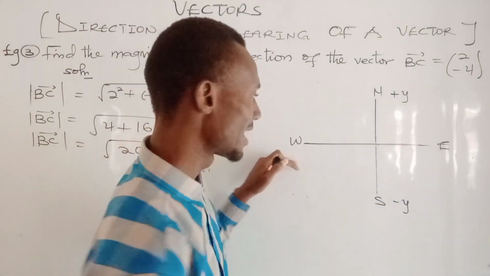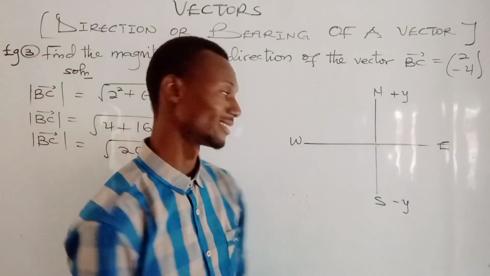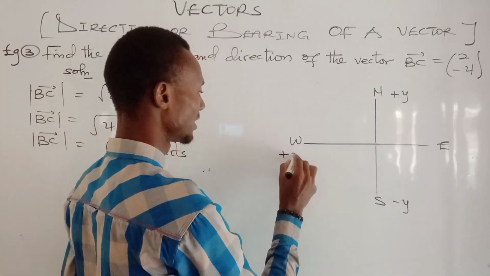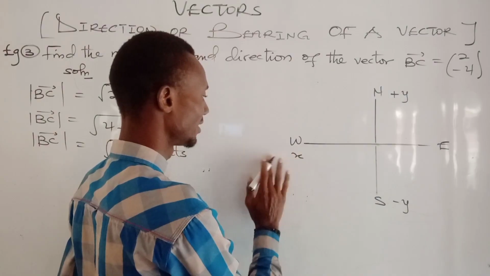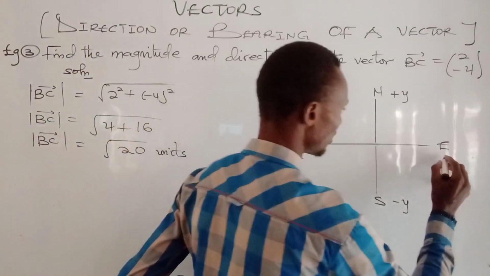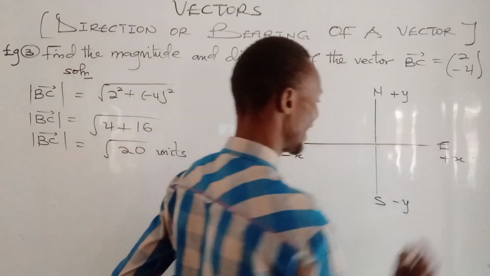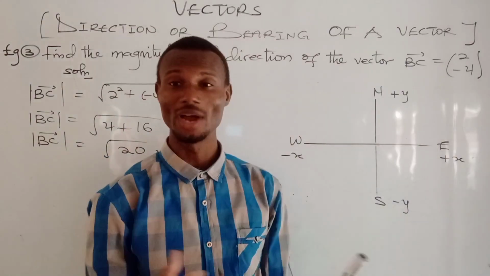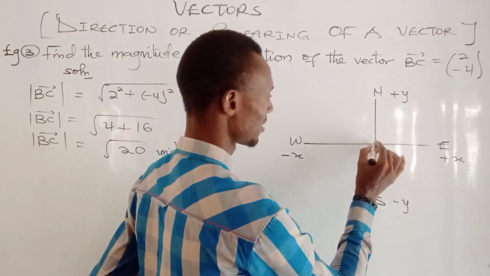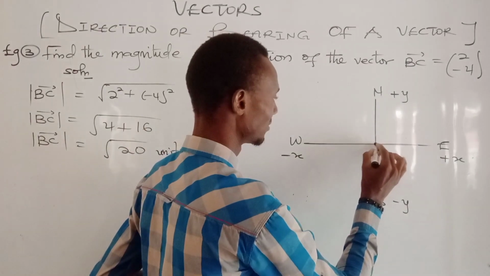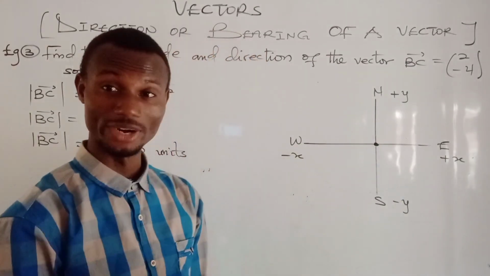Then when I consider the horizontal line as my x-axis, here will be the negative x, and here will be the positive x. Okay, I hope you understand and you agree with me up to this point. And this is our point of intersection, which is also the origin.